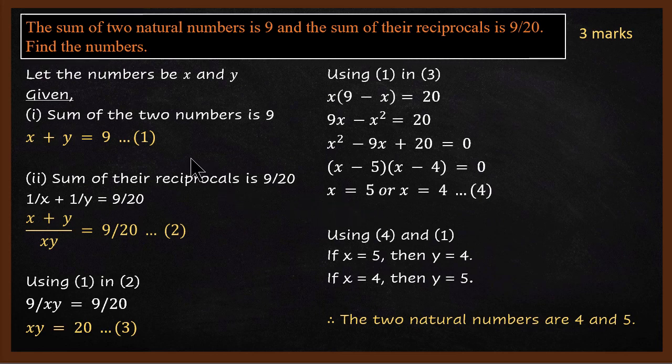You end up representing the two numbers as x and y. Do a lot of steps. Finally, you get a quadratic equation like this. X squared minus 9x plus 20 equals 0. And you equate it by factorization to 0 and you get the value. Again, there's a separate video covering this particular problem. Take a look at that. I've shown here so that you get a feel for how to solve this problem.